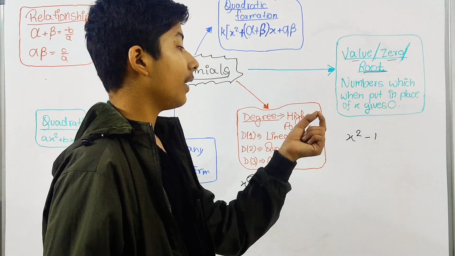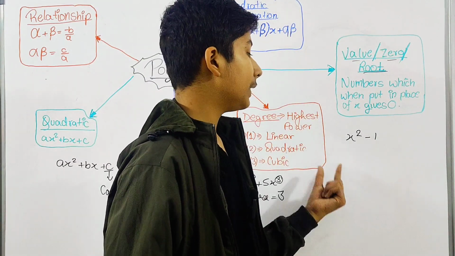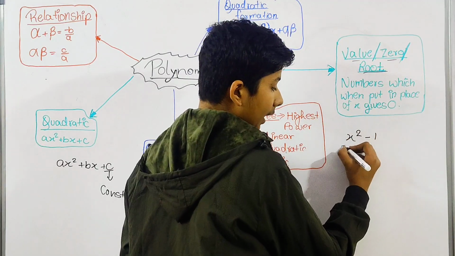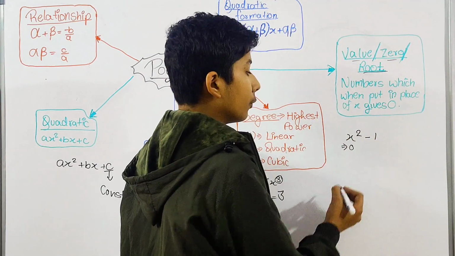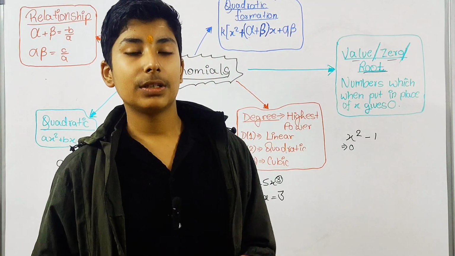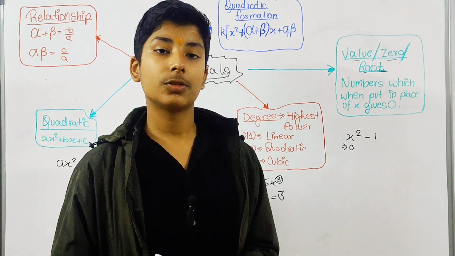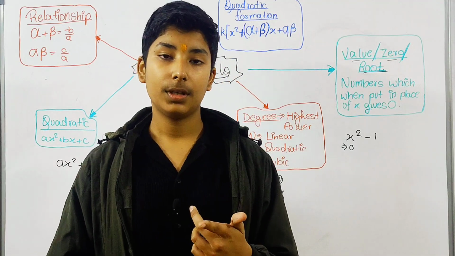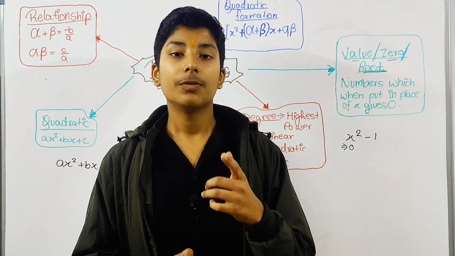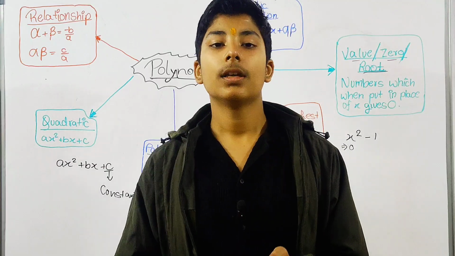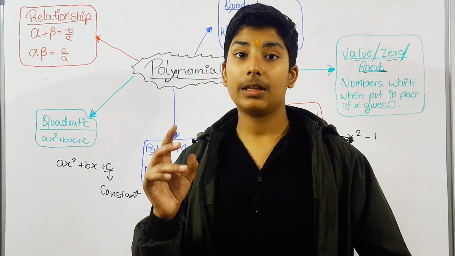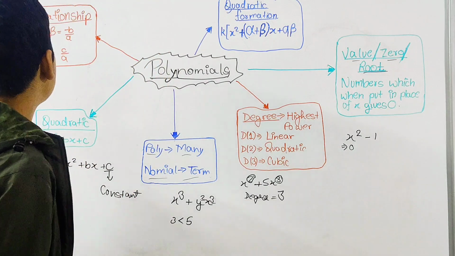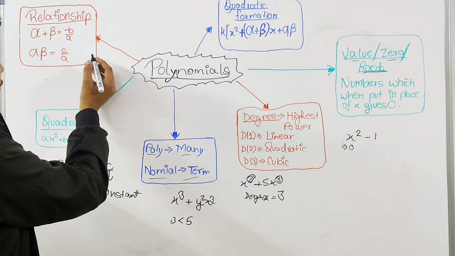Now we have to find a value of x, which I put here will give the total answer as 0. So there is a technique, there is a method which is known as middle term splitting. We will understand this, but in the next chapter, next to next chapter, I hope, which is quadratic equations. There you will understand many ways how do you find zeros. Okay, so here the zeros. How do you find zeros?